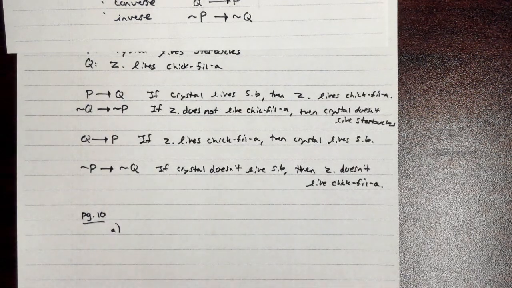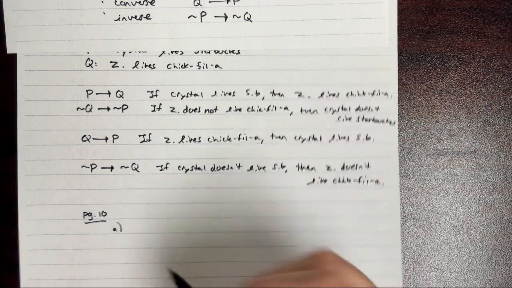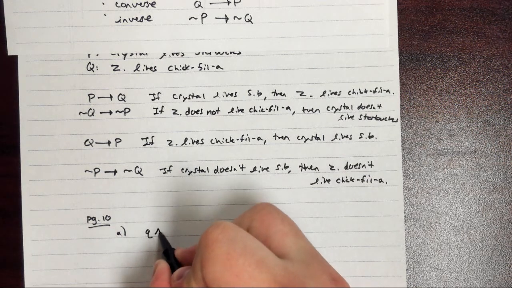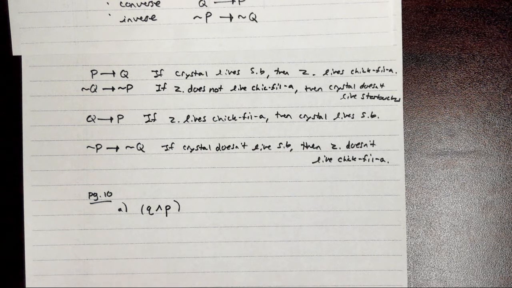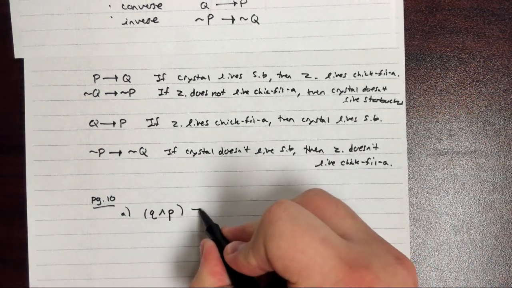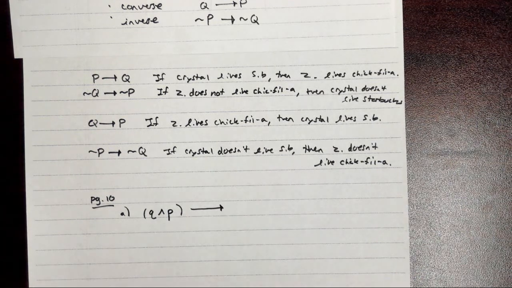If Q, so if the head gasket is blown, and there's water in the cylinders, so not just Q. Then the up arrow, and E. And then after the arrow, after the implication, the car won't start.